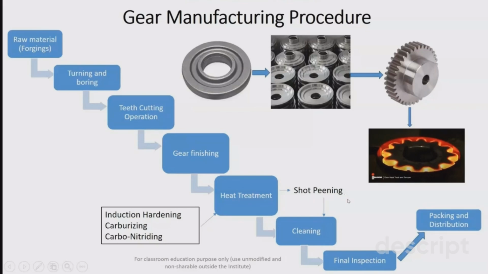We have already studied shot peening, a process in which you take tiny steel balls or some abrasive media, and that media is bombarded onto the surface of the component, which causes plastic deformation and surface dimpling. The dimples cause the locking of compressive stresses onto the surface. The residual stresses formed in heat treatment, gear cutting and finishing operations are nullified with the help of compressive stresses from the shot peening operation.